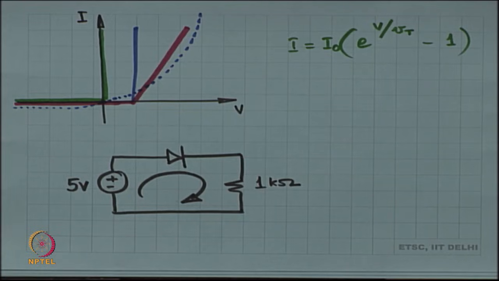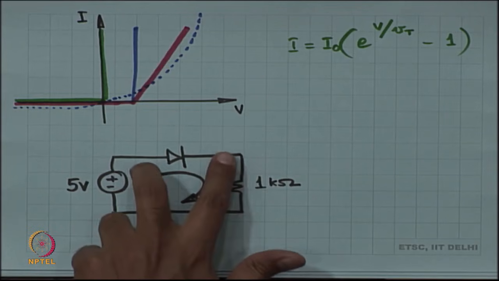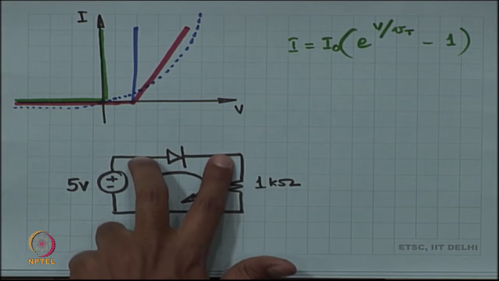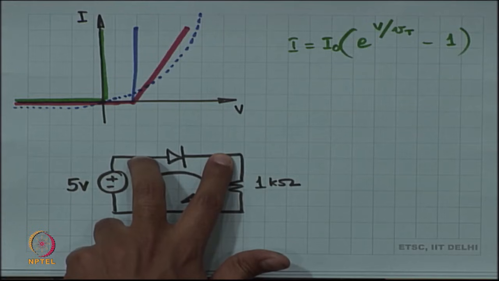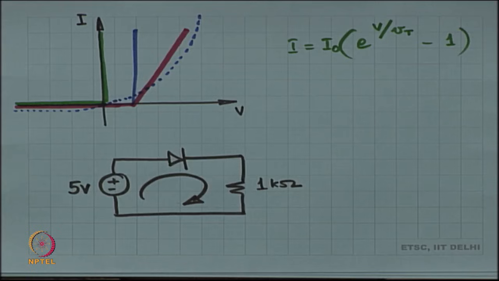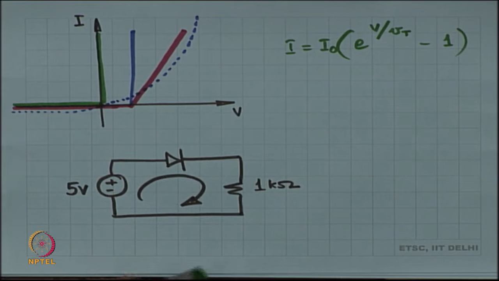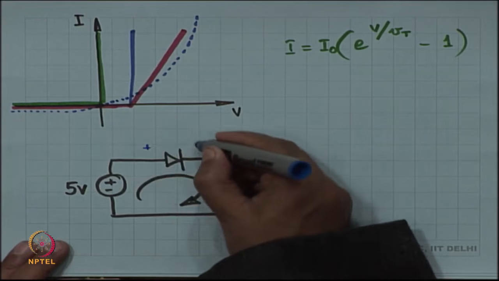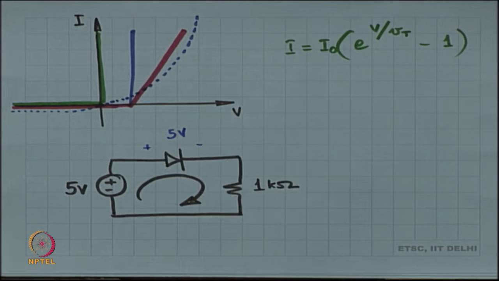Let us say that the diode is off. If the diode is off, no current is going through it, but any negative voltage can appear across it. So, if no current goes through the diode, then the drop across the 1 kilo ohm is 0, and then the drop across the diode is 5 volts, but that is not negative.